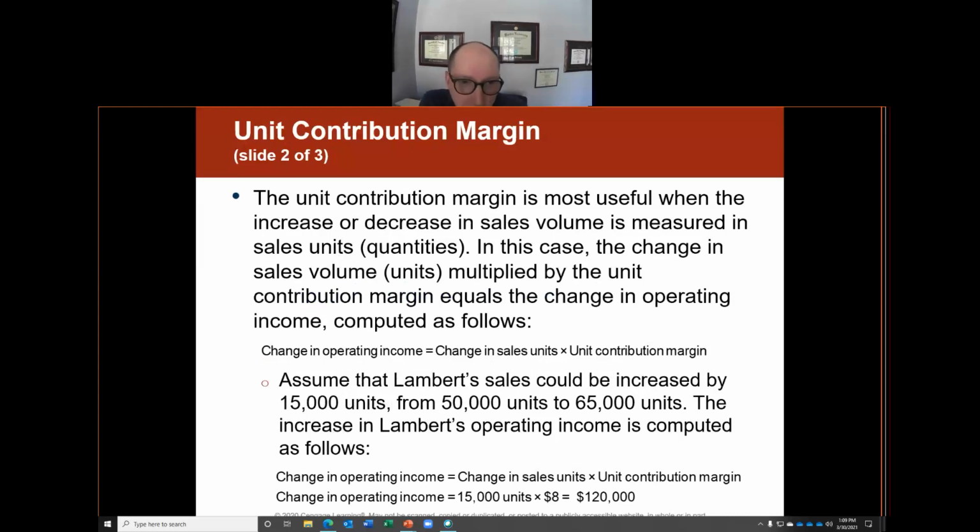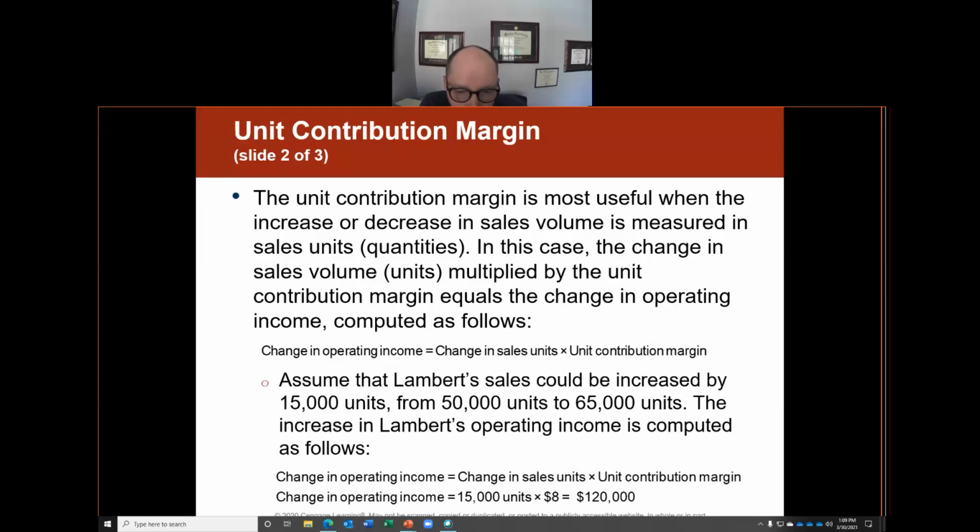And you do the same thing to find the change. This helps us to find the change in the operating income. What we do is we look for the change in unit sales times the unit contribution margin. Change in unit sales comes from selling more or less of inventory.